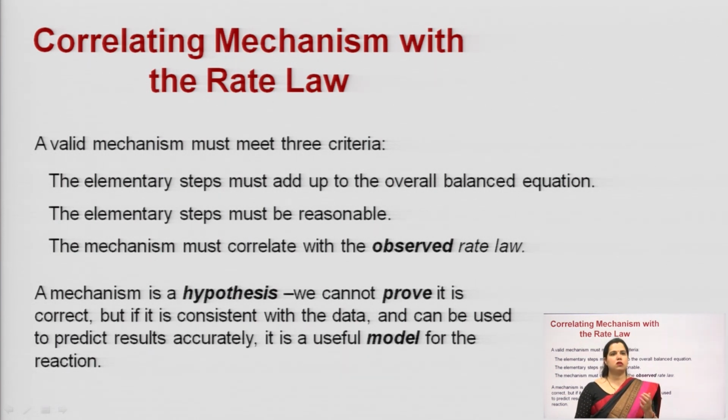A mechanism is a hypothesis; we can't prove that it is correct, but it is consistent with the data, establishing that the reaction follows this mechanism and gives these products at the end. So we can take it as a hypothesis, and it is a useful method for modeling reactions.